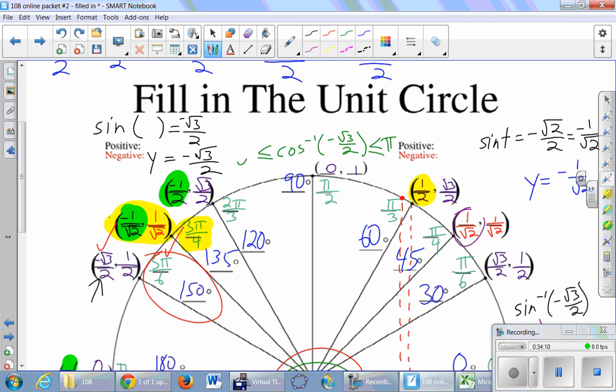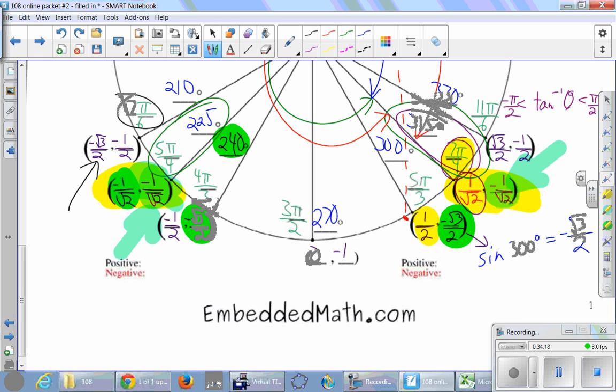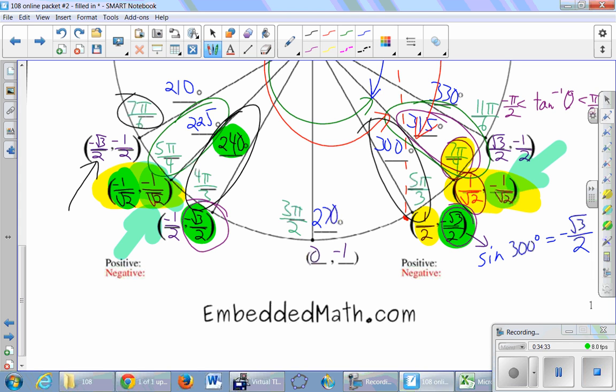Let's see if we can find them. Okay, y value of -√3/2. So that's close, but that's positive. So I guess we're looking down here. Y value -√3/2. Looks like we have a winner here and another one right over here. So the answers, running out of highlighters, looks like 240 or 4 pi over 3. And then over here, 300 or 5 pi over 3.